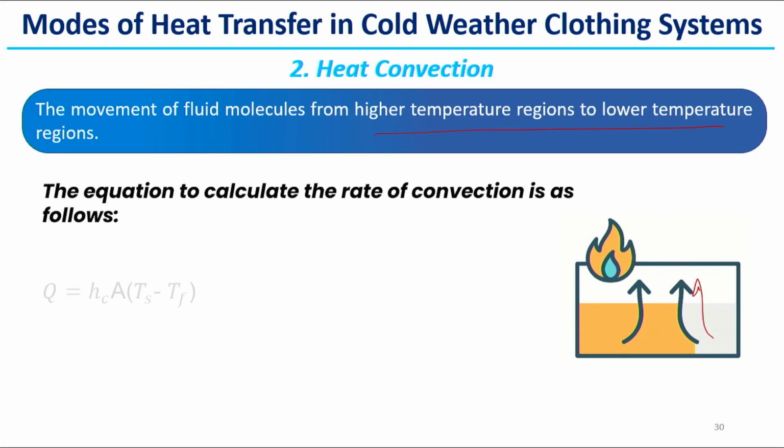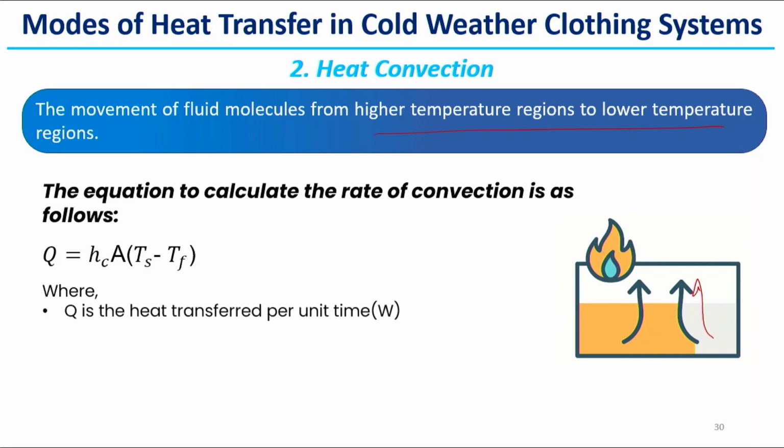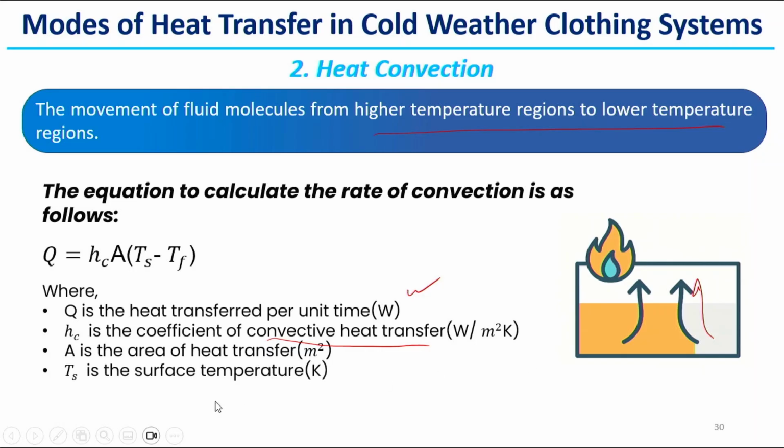This is the equation, where Q is the heat transferred per unit time by convection, Hc is the coefficient of convective heat transfer, A is the area of heat transfer, and this is the surface temperature, and T is the fluid temperature.